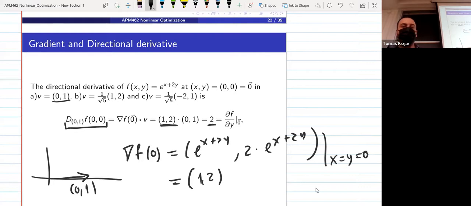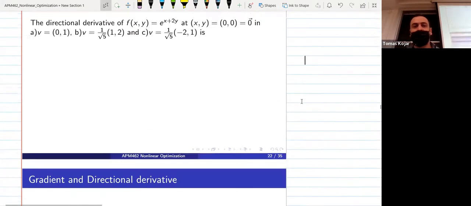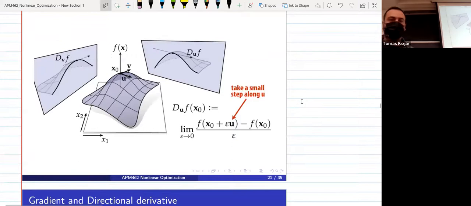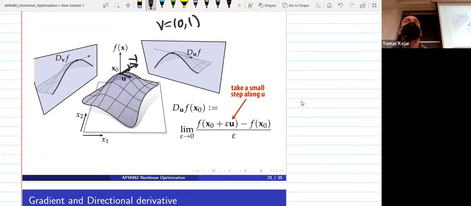And hopefully you observe that this is nothing else but the rate of change along y. Let me explain it with this picture. If one of these axes is y, you need your vector to be (0, 1).